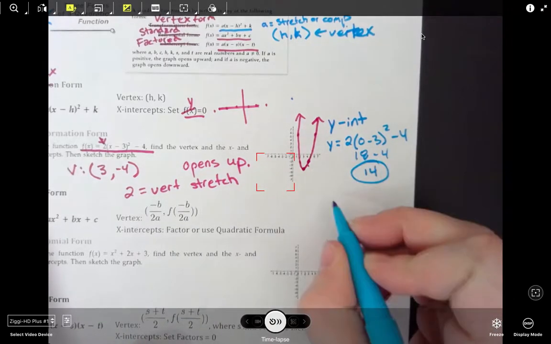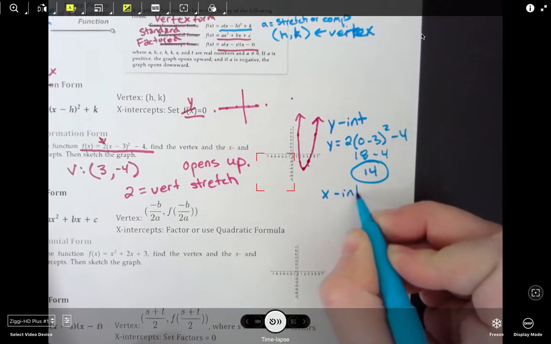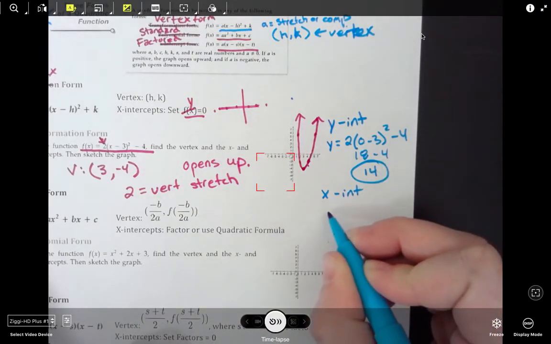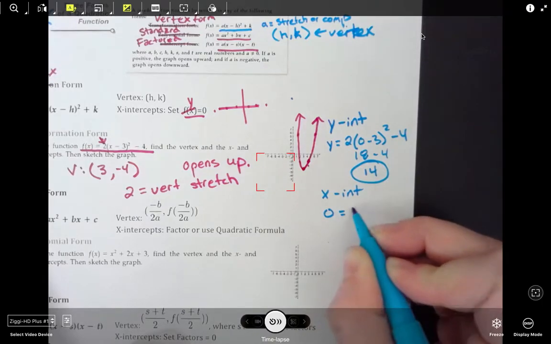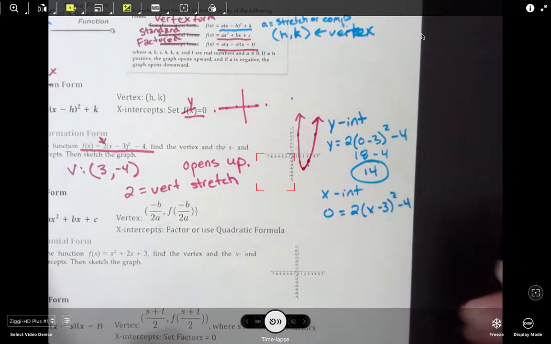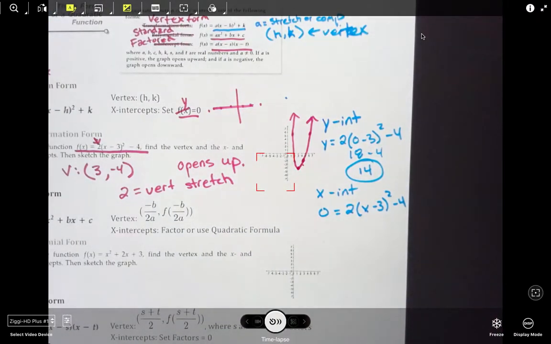Okay? Now to do the x-intercepts, I plug 0 in for y. This is a little bit more unpleasant. 0 in for y. 0 equals 2 times (x minus 3) squared minus 4. Okay? How do I unravel that? No, I wouldn't distribute.